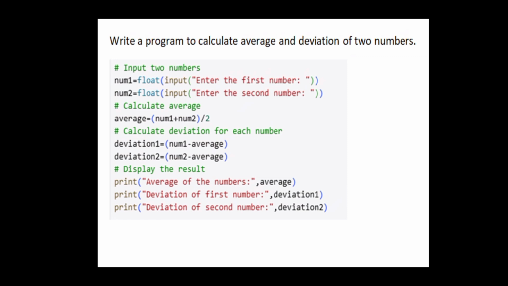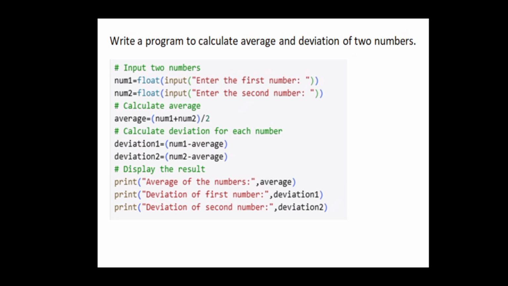Then we calculate deviation for each number and store the results in two variables, deviation1 and deviation2. And finally, we use 4 print functions to show the result to the user.